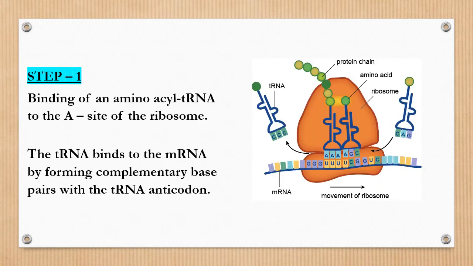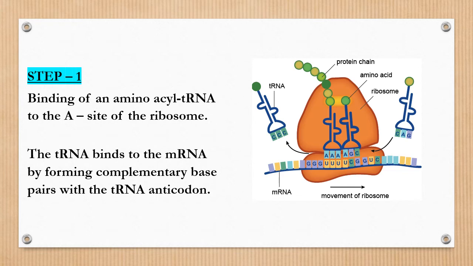Step 1. Binding of an amino acyl tRNA to the A site of the ribosome. What is that A site? The A site is the region of the triplet codon on mRNA and the matching anticodon.